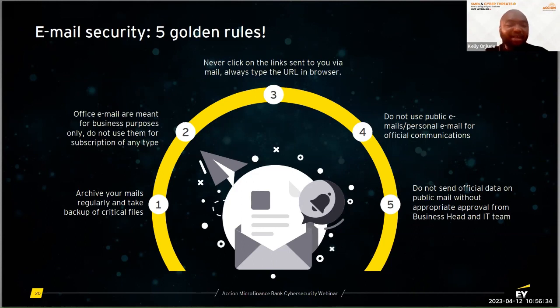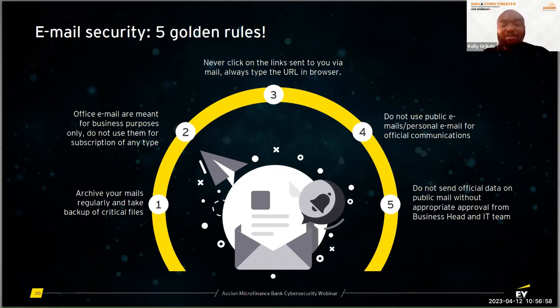The truth of the matter is, because of my awareness level, even when my bank sends me emails, I just go and Google. If I want to use the bank, I go and Google, look at the links that Google has given, and look at the links properly before I click. So I'm always very aware of this.